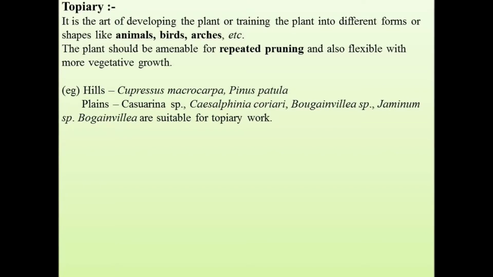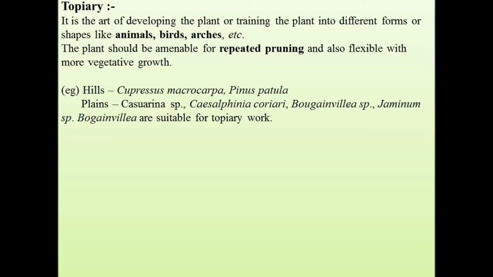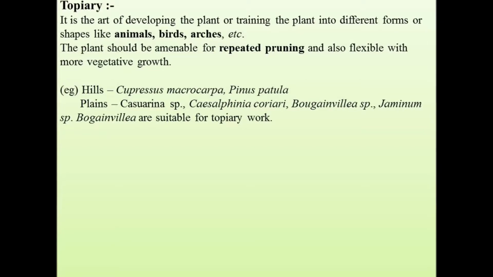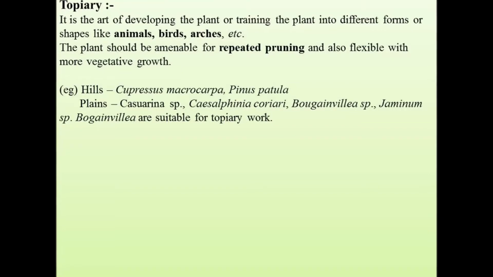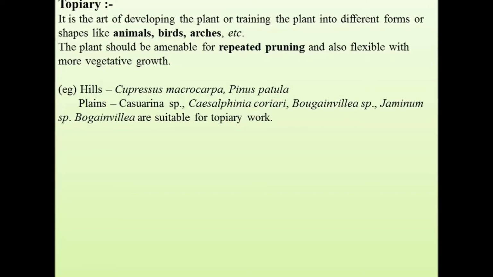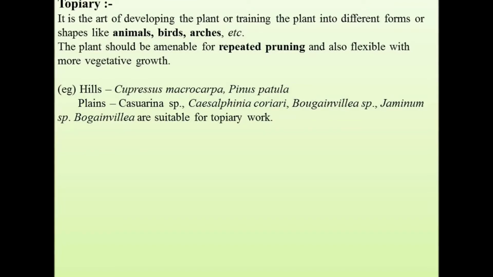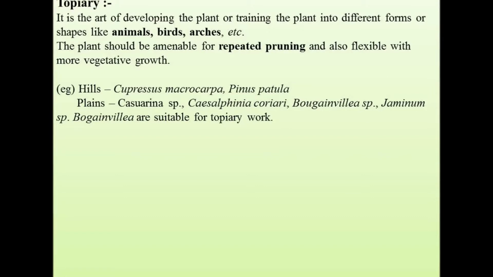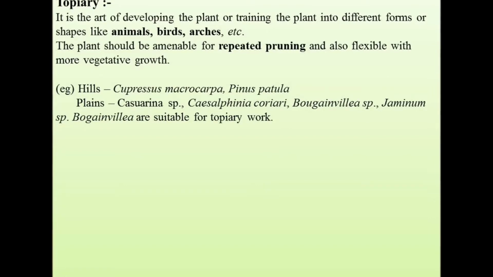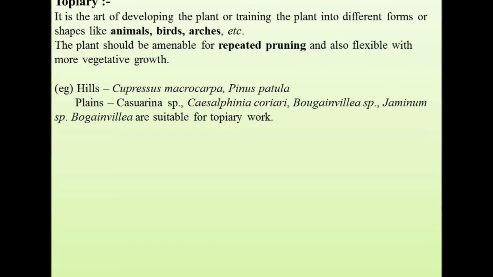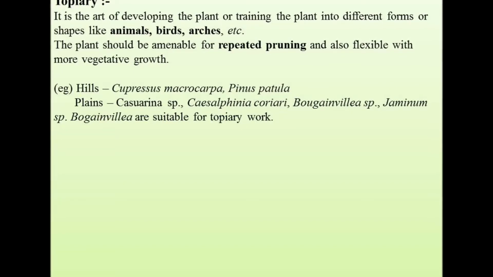Topiary is the art of developing or training plants into different forms or shapes like animals, birds and arches. Making topiary requires skill and art, and generally it is the process of training plants to form different shapes like animals, birds and arches.